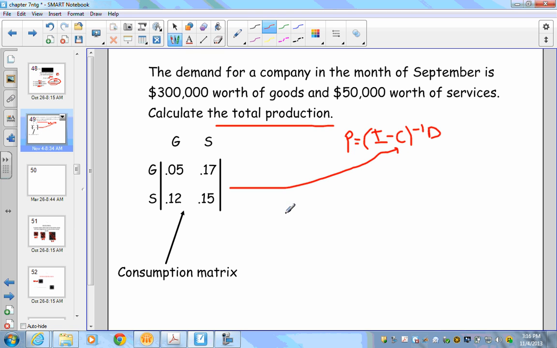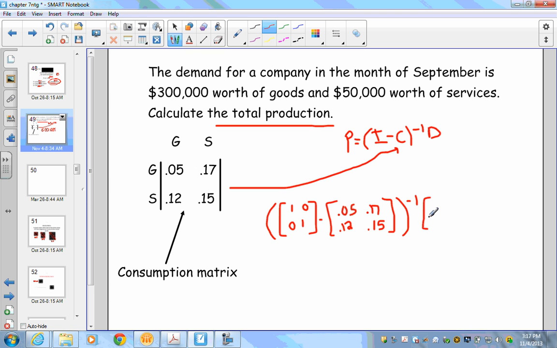That means I'm dealing with a 2x2 identity matrix, 1 0 0 1, minus my consumption matrix, which is 0.05. Remember, I'm writing with my mouse, so it might be a little messy. There's my consumption matrix. Here's my parenthesis, -1 inverse, and then my demand matrix.